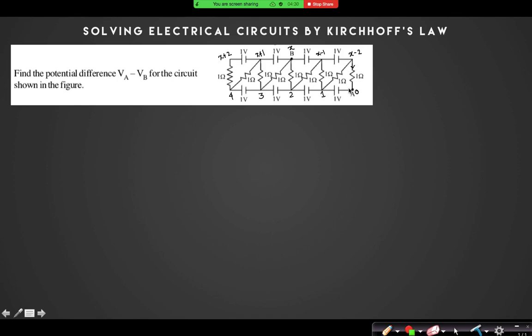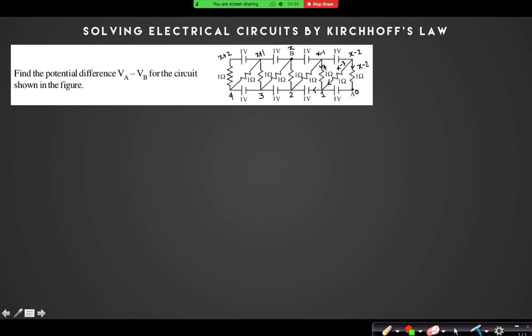This is x minus 2 ampere. And what will be the current in this branch? x minus 3 ampere. So if I know the current in these two branches, then I can also find the current in this branch.